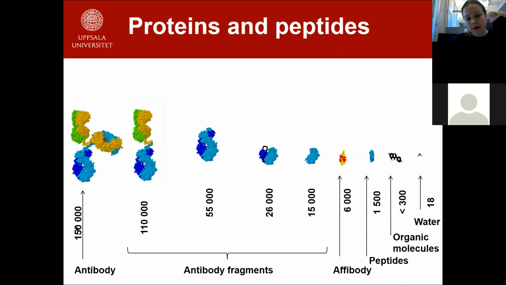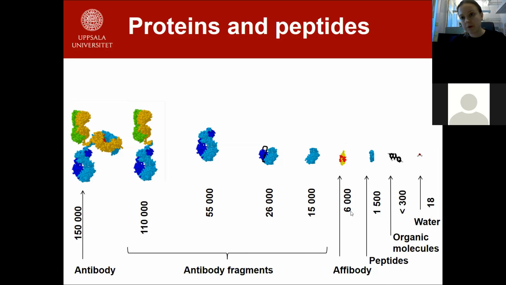For example, we can see a large variety of proteins and peptides and their comparative sizes. On the left side, we have a monoclonal antibody, which is about 150 kilodalton in size. And we have the antibody fragments that are a lot smaller. And we have smaller targeting molecules that we work with in our lab.